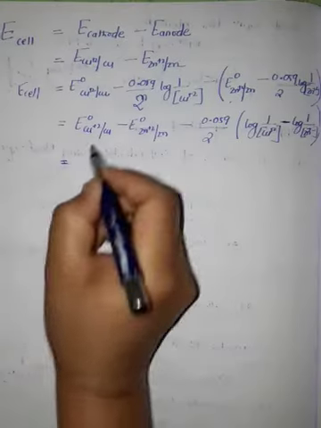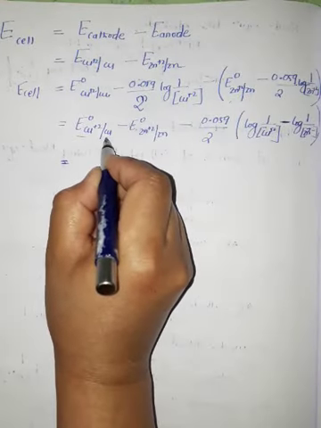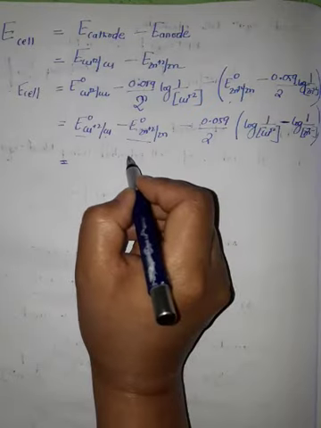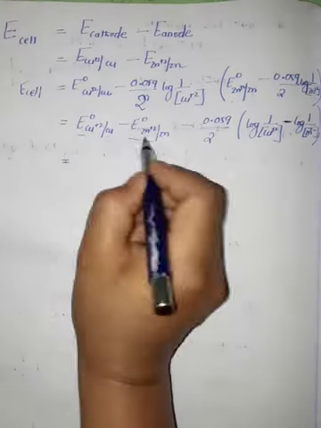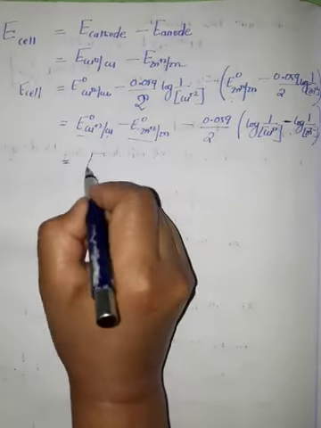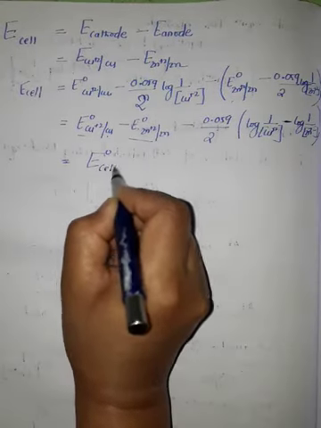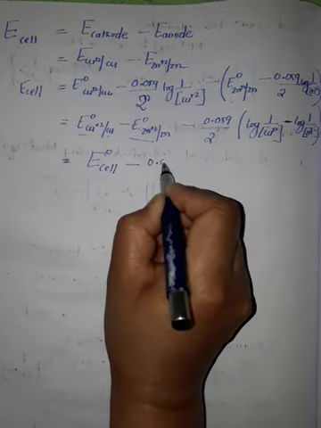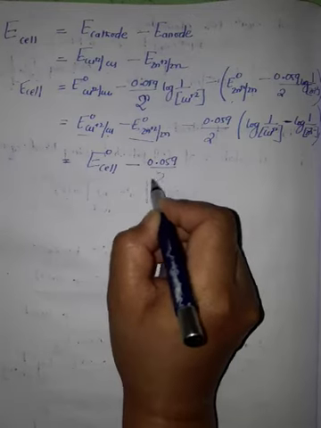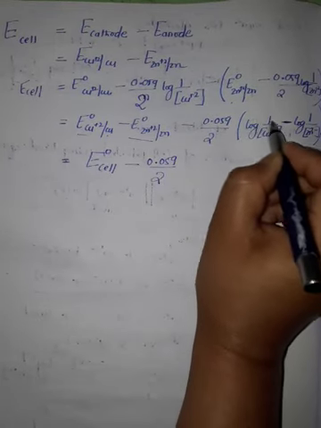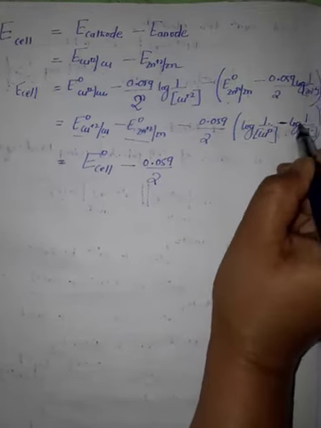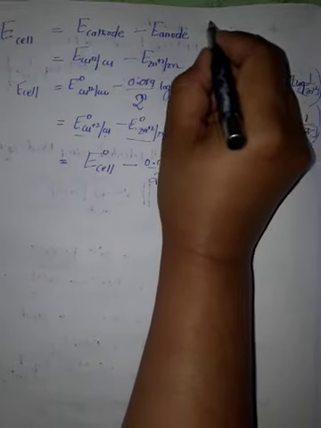Now this is the standard electrode potential of the cathode and this is the standard electrode potential of the anode. The difference of the two is called E naught cell, minus 0.059 divided by 2. Now this is log A minus log B. What is log A minus log B?